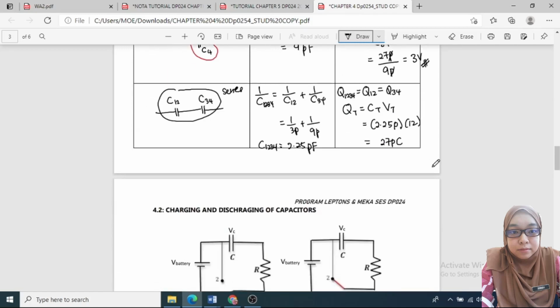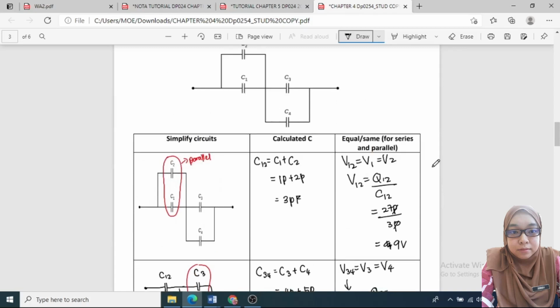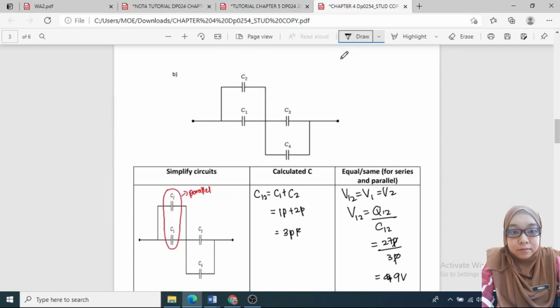So we will calculate the whole Q1. So we can get Q1 equal to C1 V1. So you substitute C1, 1P multiplied with V1, 9, equal to 9 picocoulomb. And then Q2 is equal to C2 V2.